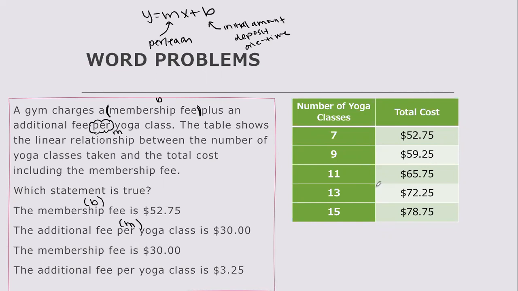Don't freak out because there's decimals now. You've got a calculator. Decimals don't make it harder. Bigger numbers don't make it harder. Go ahead and find the slope and y-intercept of this table. There are 2 true answers on this slide.